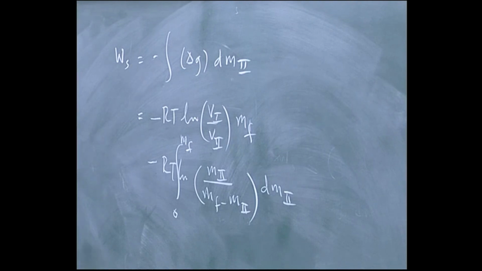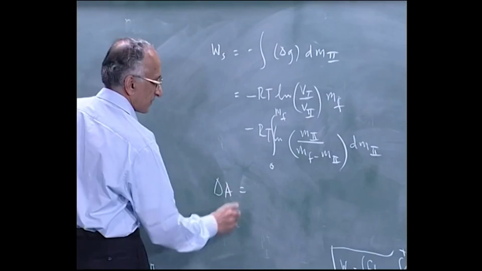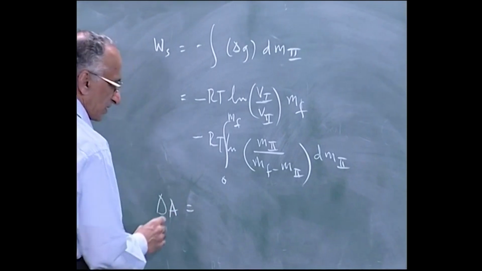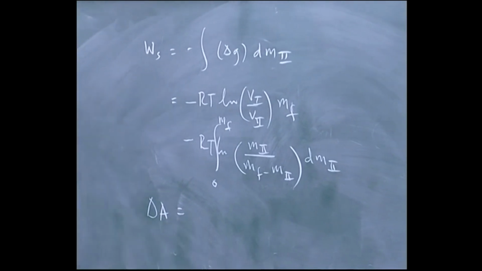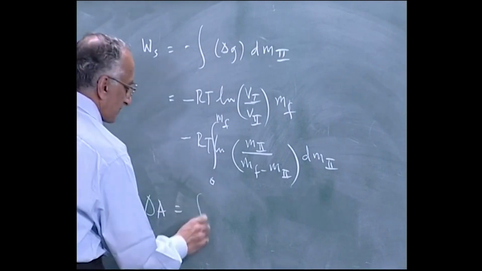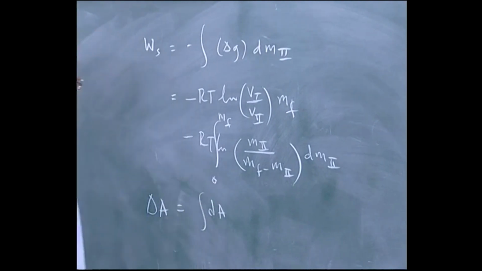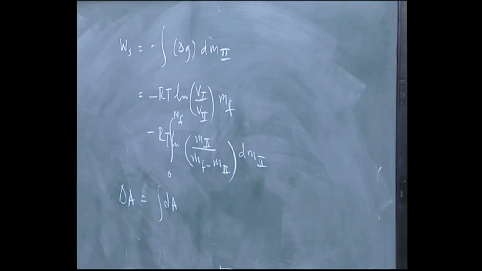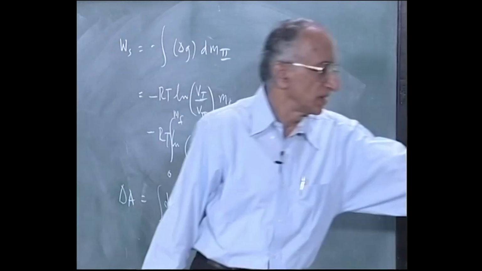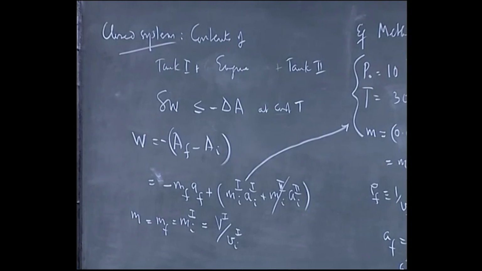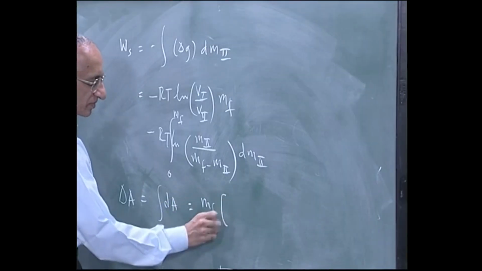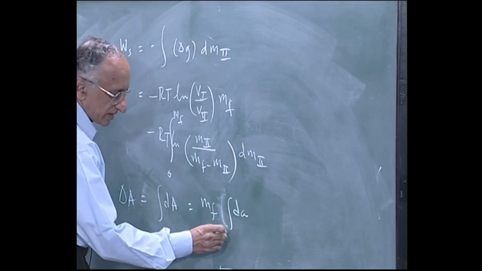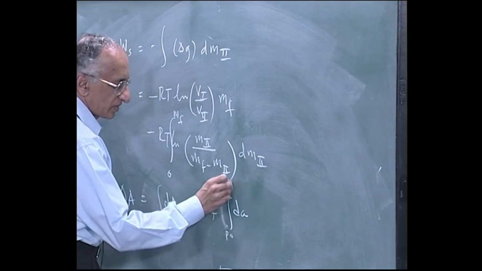In the same case for an ideal gas, for delta A, this would have been simply equal to, again I have to integrate the same thing, dA. I have got A final minus A initial, that is all. The same calculation I have to do, which gives me MF I can pull out, MF times integral dA from initial condition P0 to Pf.